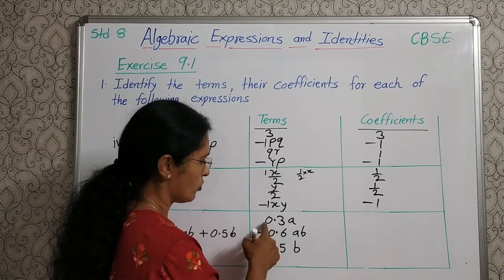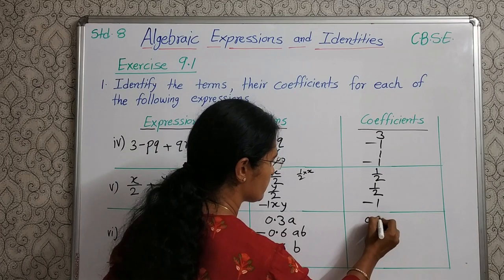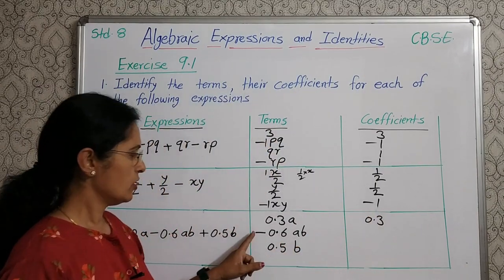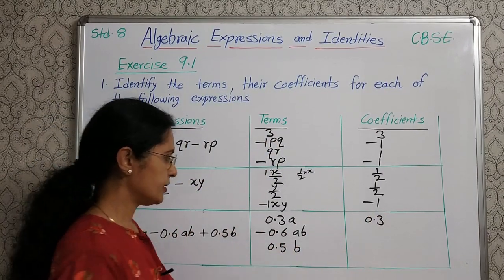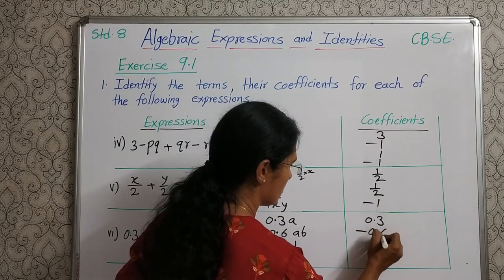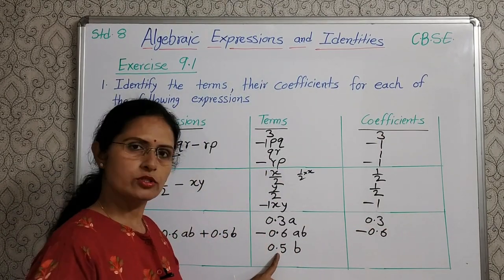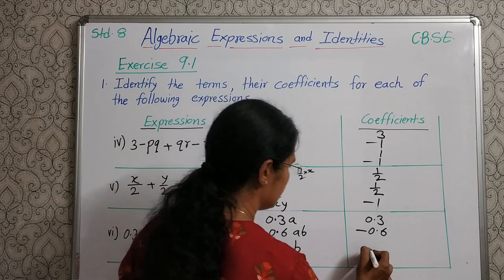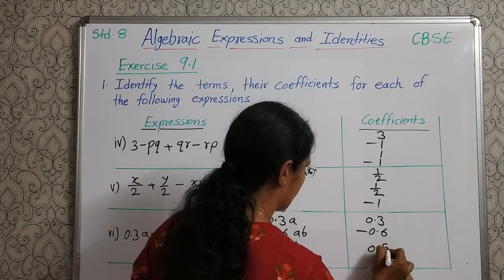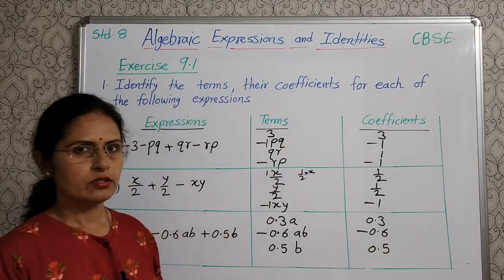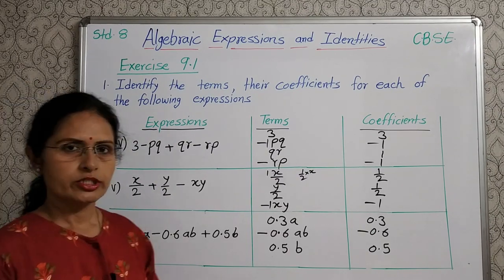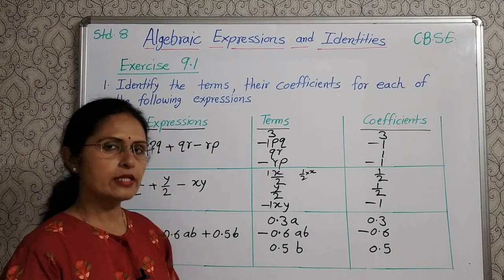First term's coefficient is 0.3. Second term's coefficient is minus 0.6. And third term's coefficient is 0.5. So here we have completed question number 1 of exercise 9.1.